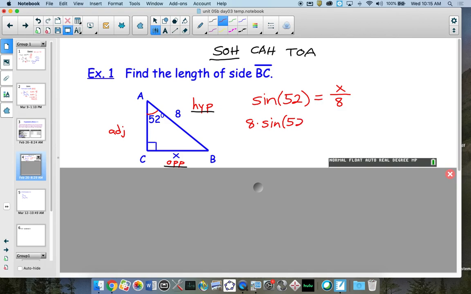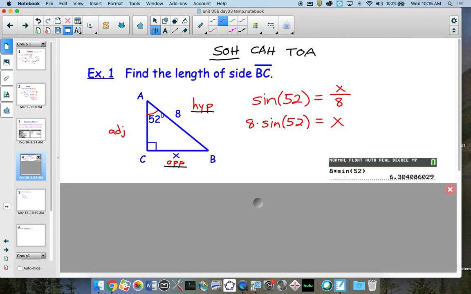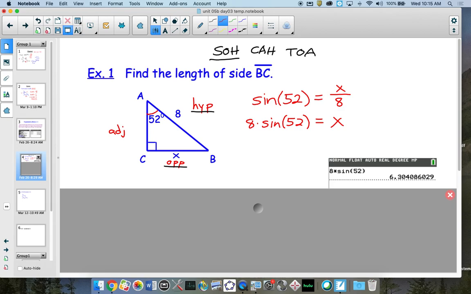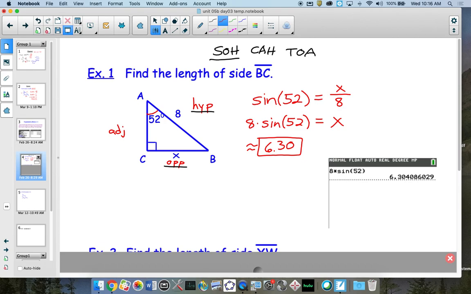And so the 8's will cancel on the right side, and we'll just have x. And now we're going to grab our calculator and punch in 8 times the sine of 52. And as you can see, we get approximately 6.30 if we round to 2 decimals. And there's no units in this problem, so we don't have to write units. And that's it. Pretty simple. But we need a calculator to solve this.